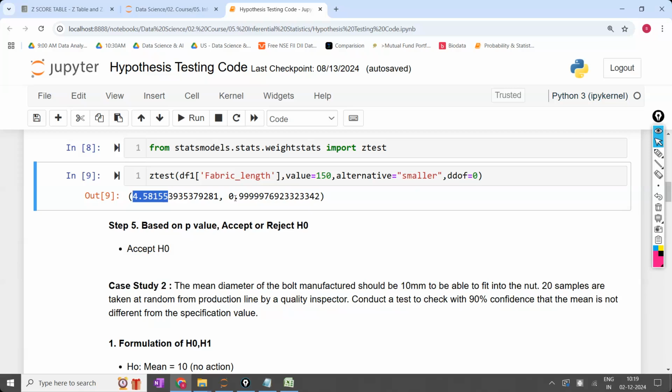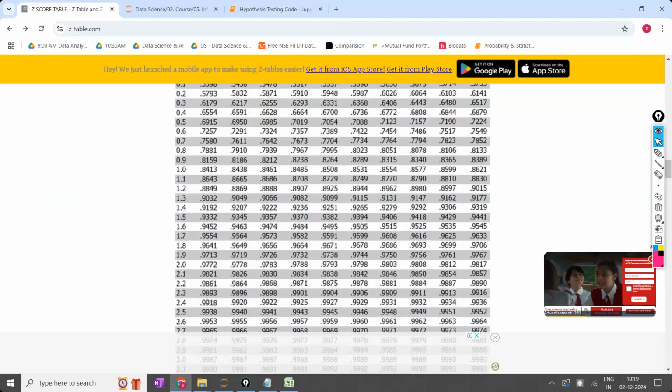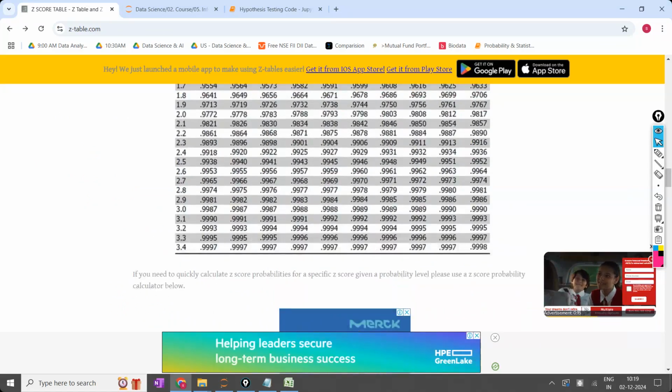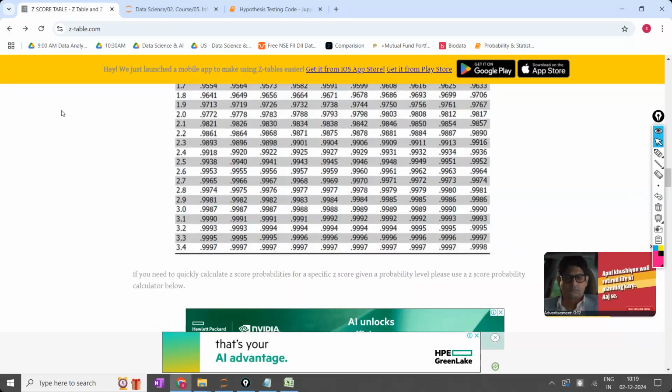Open the z table. In the z table for 4.59, what is the p value? Tell me. In the z table, you'll have the data only between -4 to +4. That is the maximum value. Once it crosses, see, 3.49 only is the maximum number.